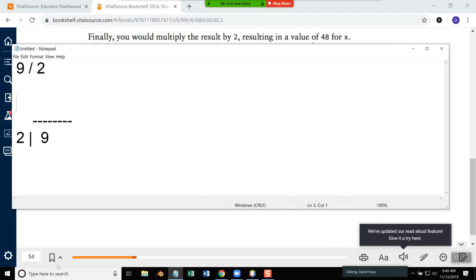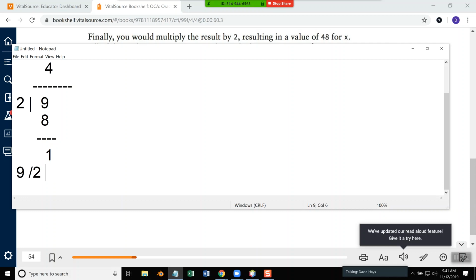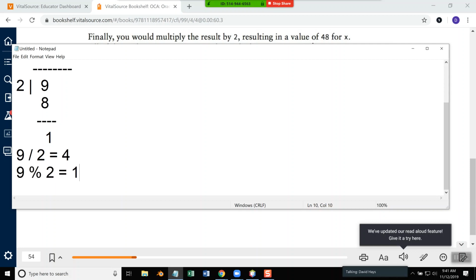Well, 2 goes into 9 4 times. 4 times 2 is 8. Then we subtract that. We get 1. So in terms of integer division, 9 divided by 2 will give us 4. 9 modulus 2 will give us our remainder, which is 1.